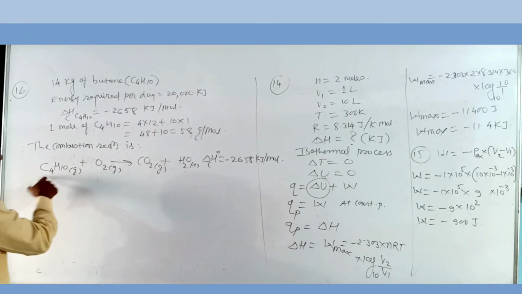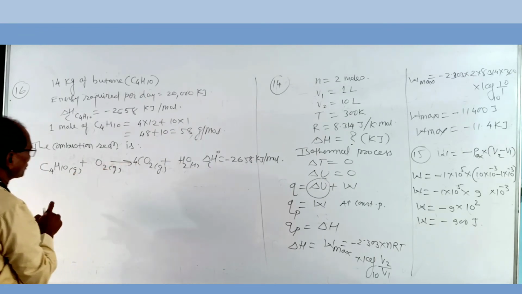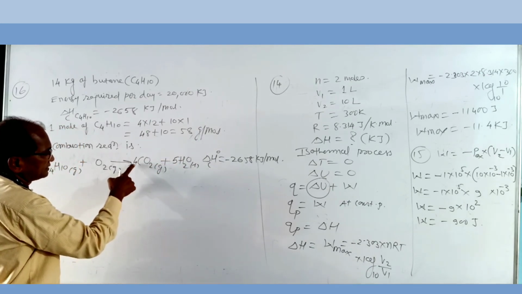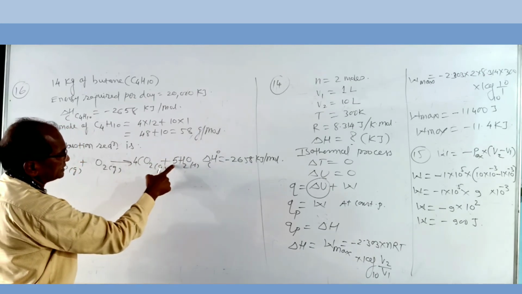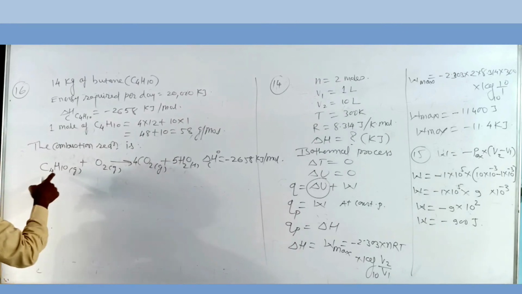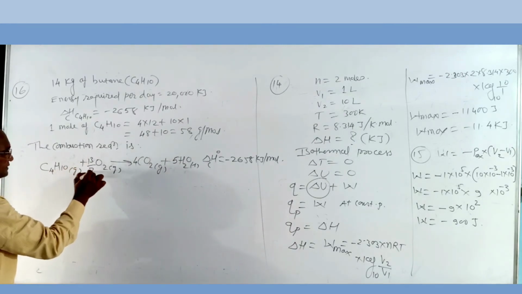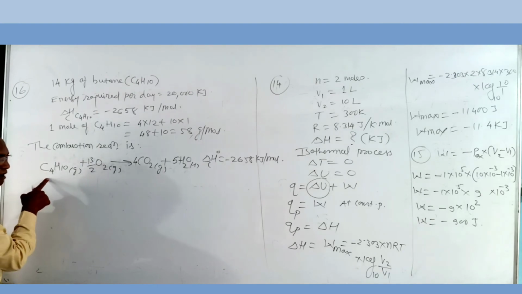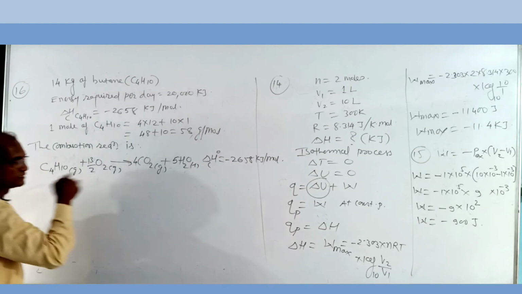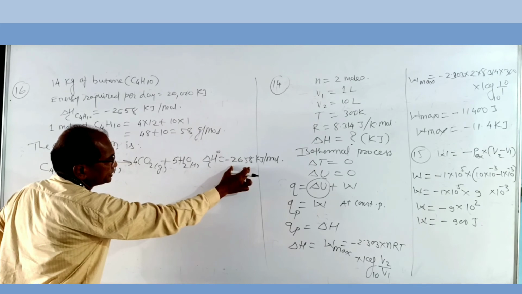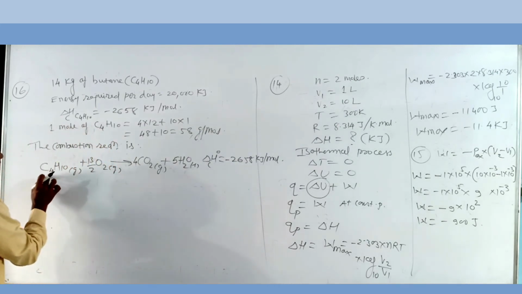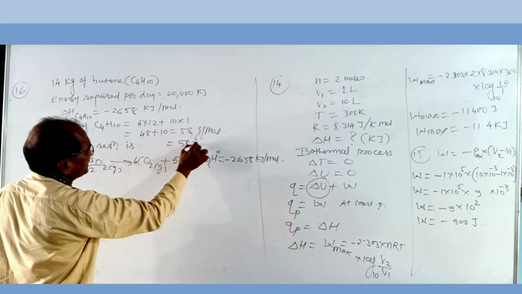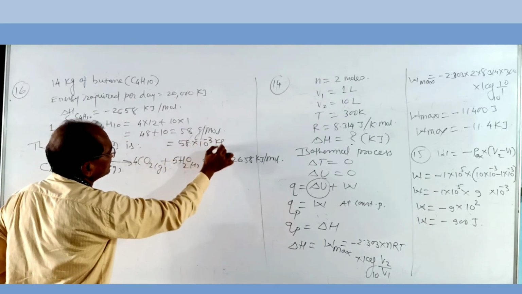How many carbon atoms? 4 carbon atoms, multiply here 4. 10 hydrogen atoms, multiply here 5. Then oxygen, 4 twos are 8, and 5, that is 13, so 13/2. After the combustion of 1 mole of butane, this much energy is given. And 1 mole of butane means 58 gram. 58 gram means 58 into 10 to the power minus 3 kg.